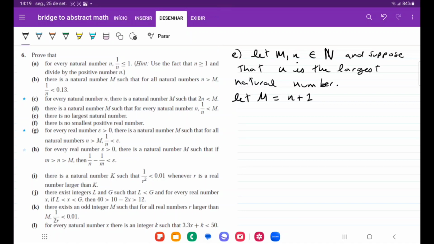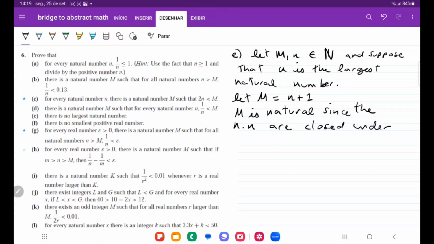And so we have that m is natural since the natural numbers are closed under addition. This just means that whenever I add natural numbers, I'm also going to get a natural number.